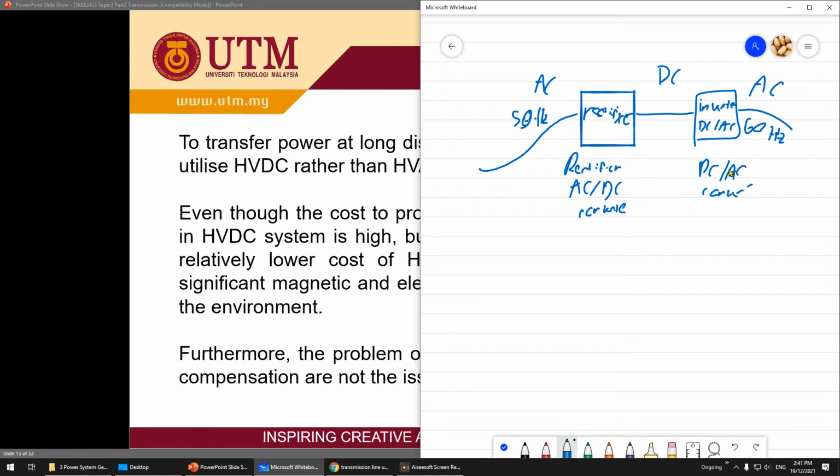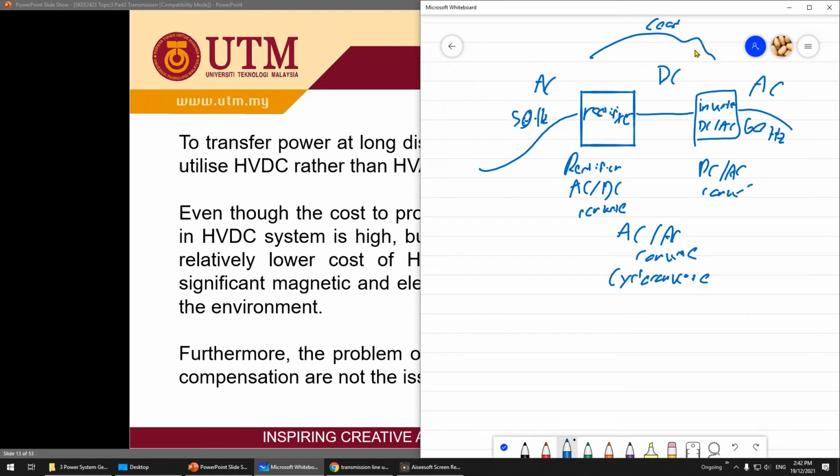Or if you don't want to use this, you can just put an AC converter. This one is called a cycloconverter, which you will learn maybe in the 4th year. So basically you have 50 Hertz and then 60 Hertz, and this thing costs very high.